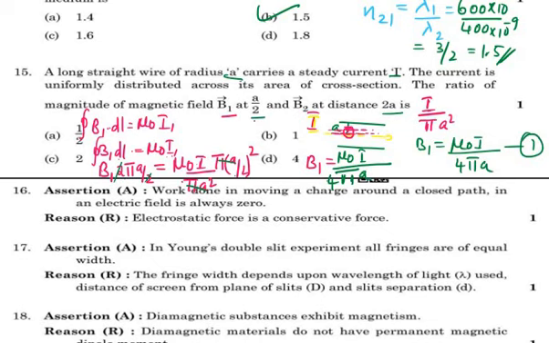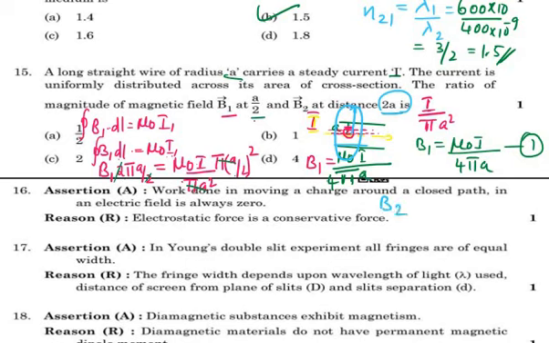Now for the second one, you can see that the distance is 2A. 2A means it will be outside the conductor. So this is a conductor, so it will be somewhere over here. We can draw an Amperian loop. So if you apply that, the current is the full current I, because current I will be passing through the area of cross section. So we can calculate B2 in the same format.